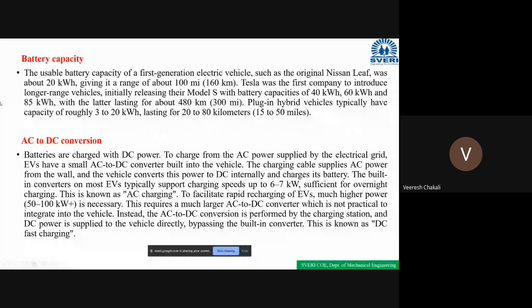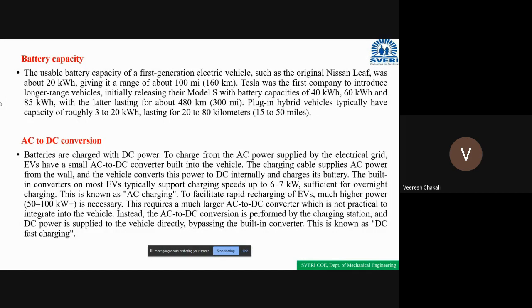The usable battery capacity of the first generation of electric vehicles, such as the original Nissan Leaf, was about 20 kilowatt hour, giving it a range of about 100 miles, meaning 160 kilometers.